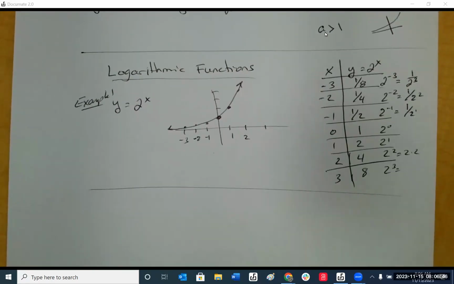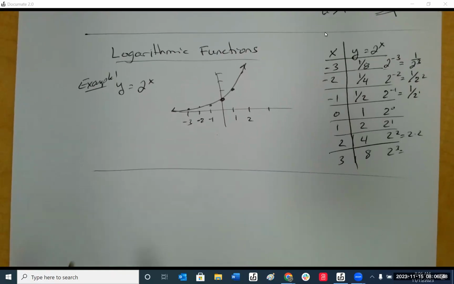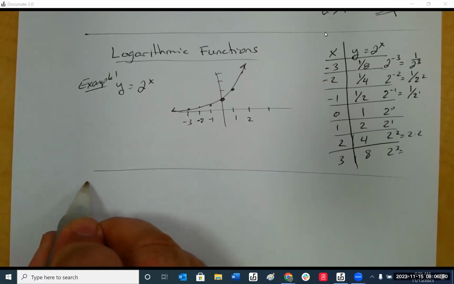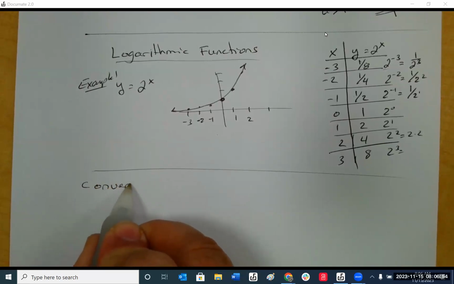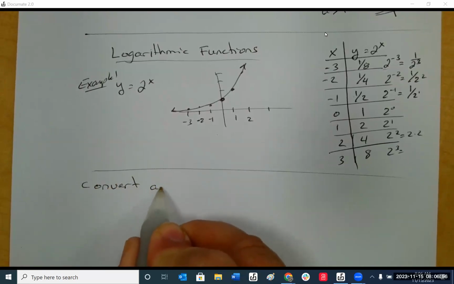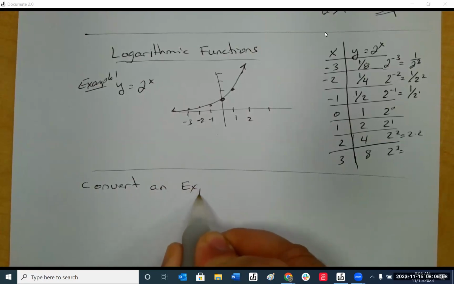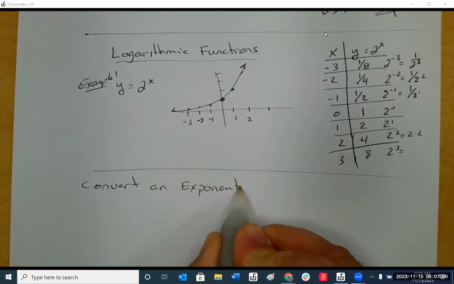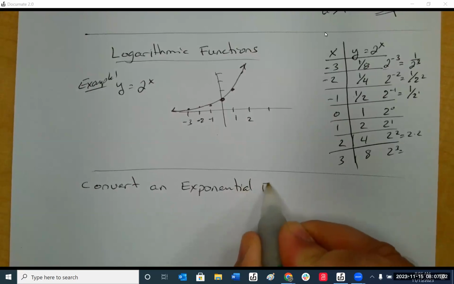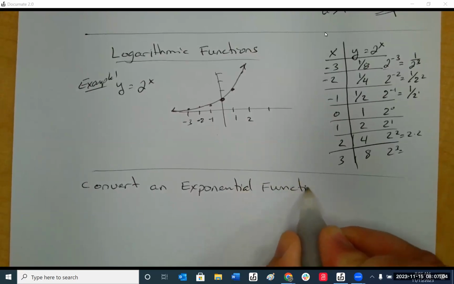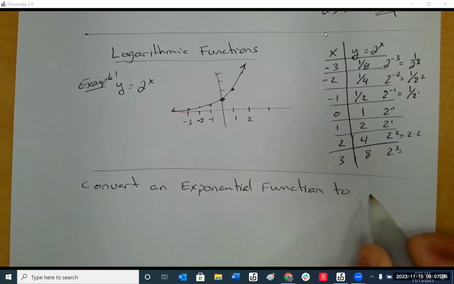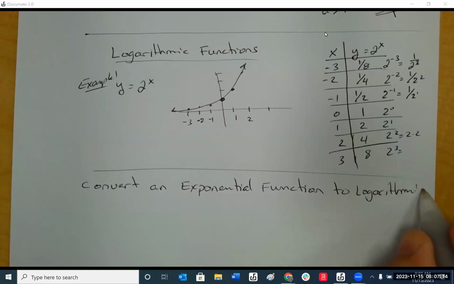Now, convert an exponential function to logarithmic.